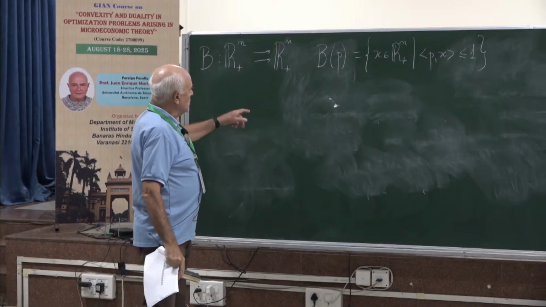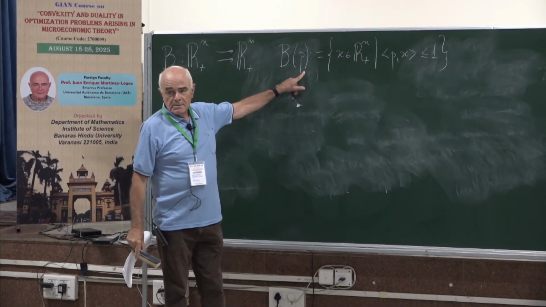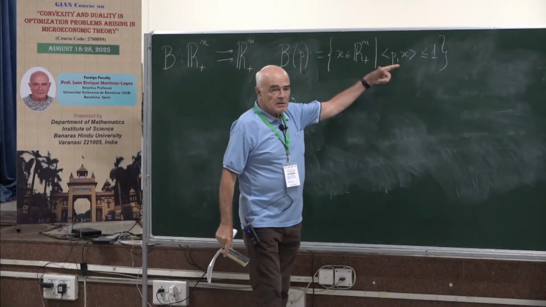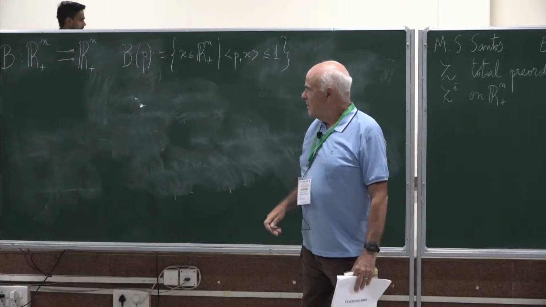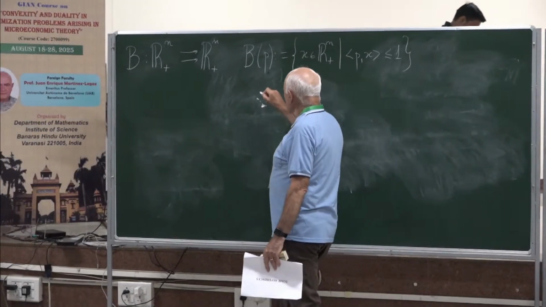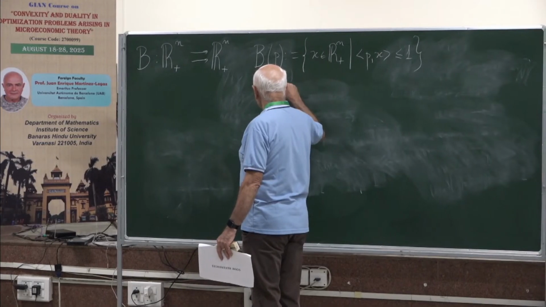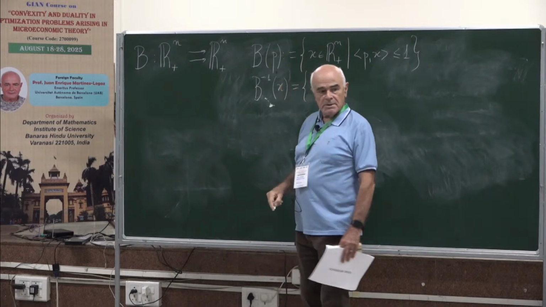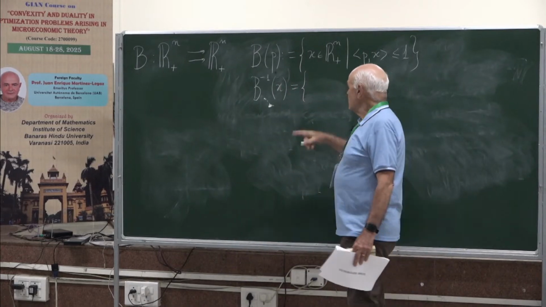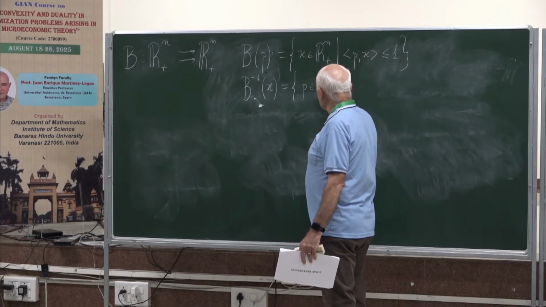So we call V of P the budget set, the commodity bundles that are affordable under prices P. And then we can consider the inverse set-valued mapping, which assigns to X the same, but now interchanging the roles.